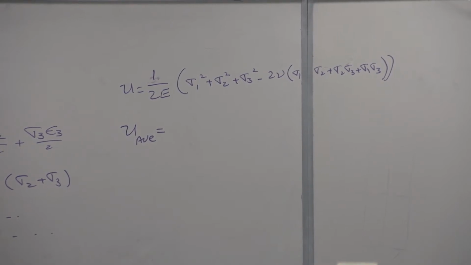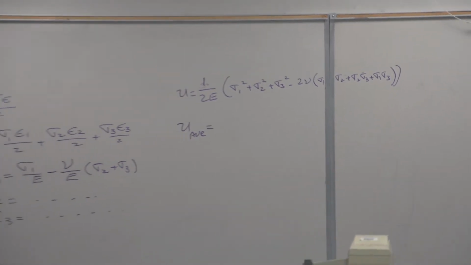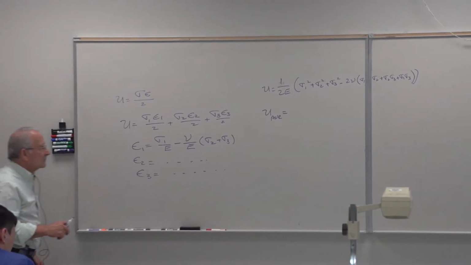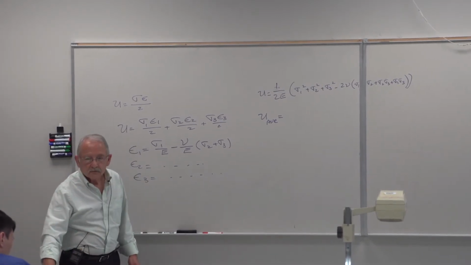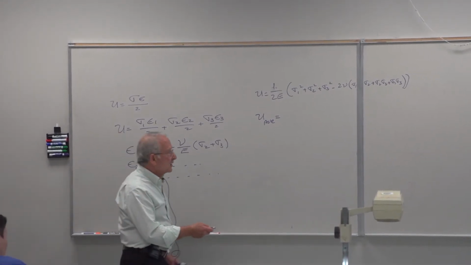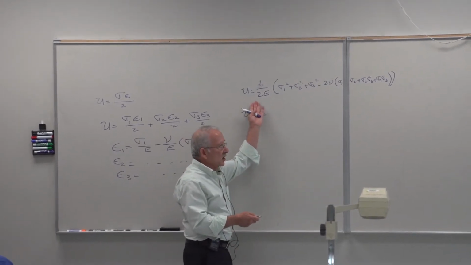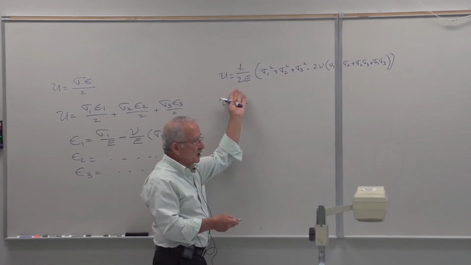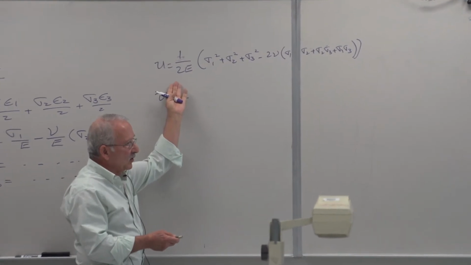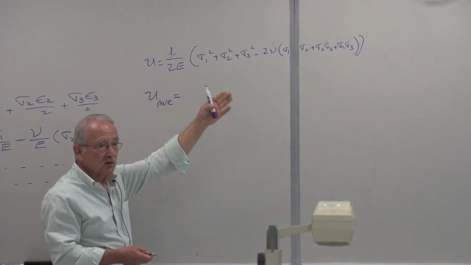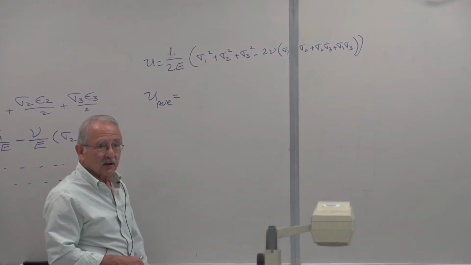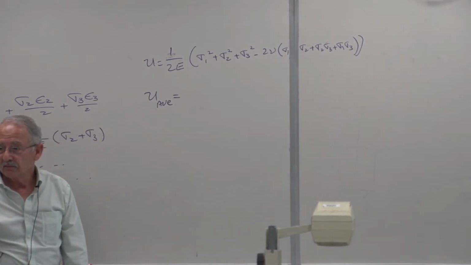This is a general state of stress strain energy. If instead of this I have that, will I not substitute sigma average, sigma average, sigma average for sigma 1, sigma 2, and sigma 3? And that'll give me the strain energy for that.